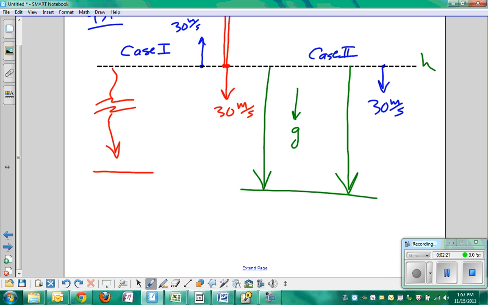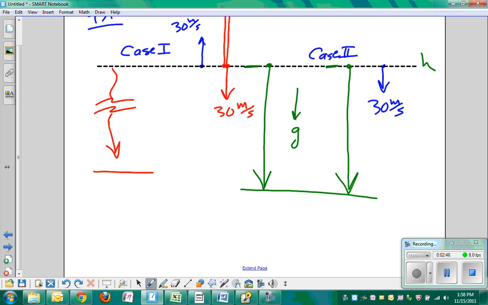It's saying what's the difference in the amount of time. Since they both start at the same speed, heading downward, and fall the same distance with the same acceleration, they'll both take the same amount of time. We can demonstrate that mathematically if you want, but go back and look at the algebra that shows that that's true.